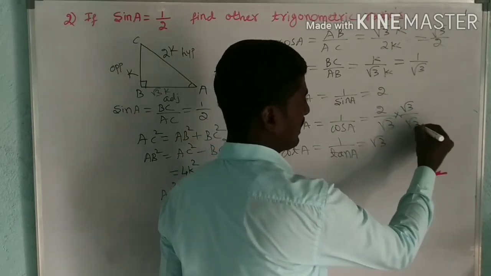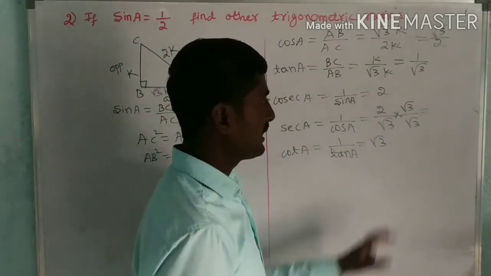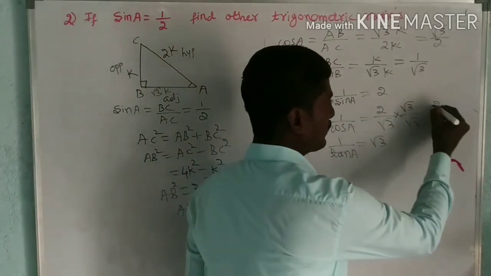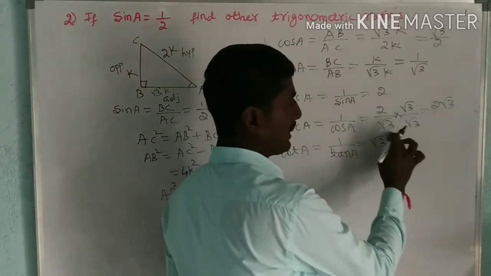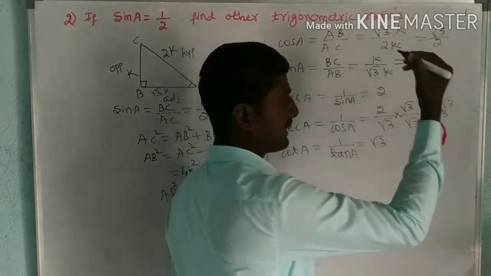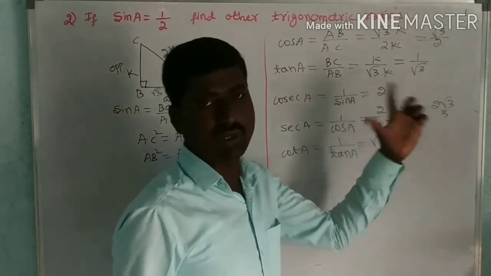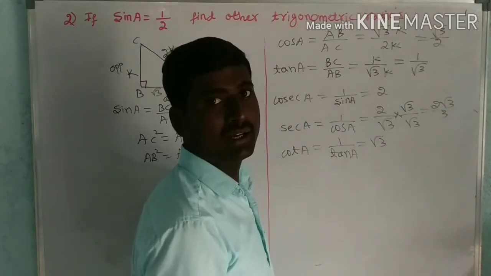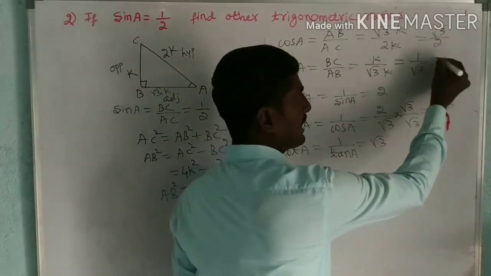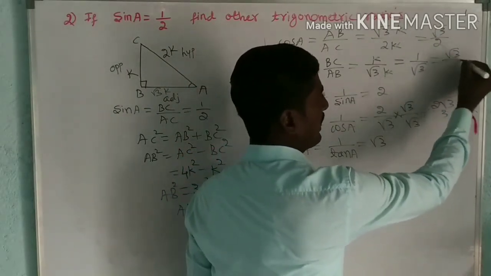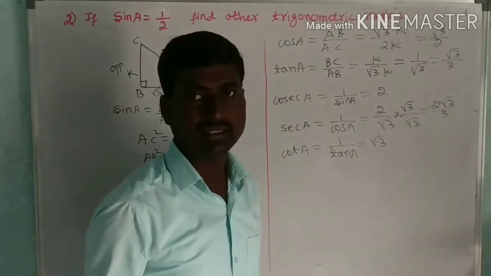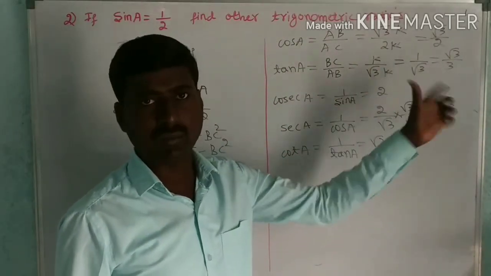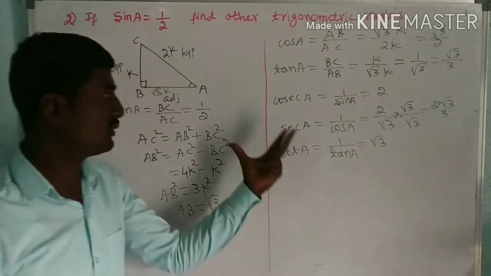So 2 root 3 divided by root 3 into root 3 will be 3. You can write in simplest form also. Here also same, multiply and divide by root 3 by root 3. We will get root 3 divided by 3. Otherwise you can stop here only, no problem at all. Okay, this is how you can solve it.